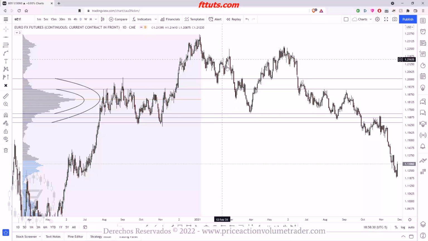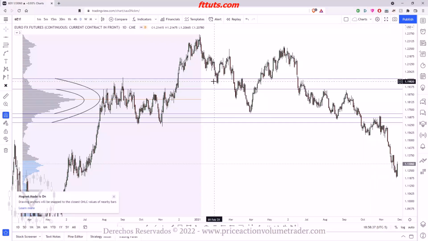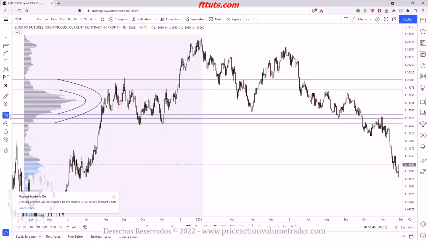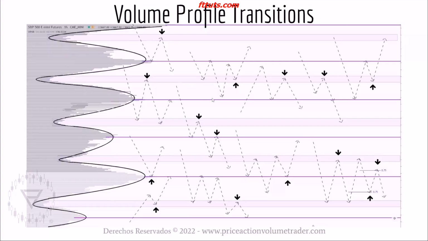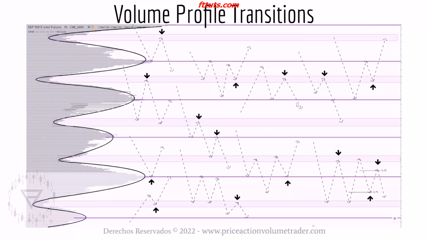And we can see over here how we come, test on top here, and we initially reject off of it. We go away, then we come back in, and this is where we can see what is going to happen.